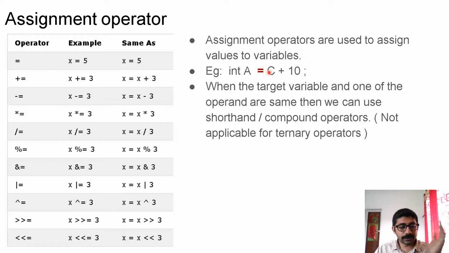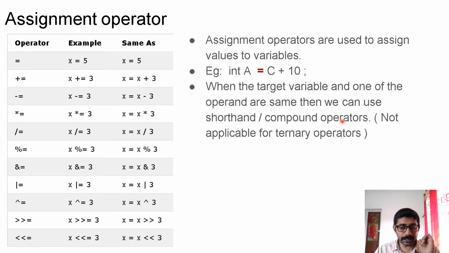As we discussed in the beginning, there are different compound operators, meaning clubbed with the assignment operator. When the target variable and the first operand are the same, then we can use the shorthand or compound operators; not applicable for the ternary operator.